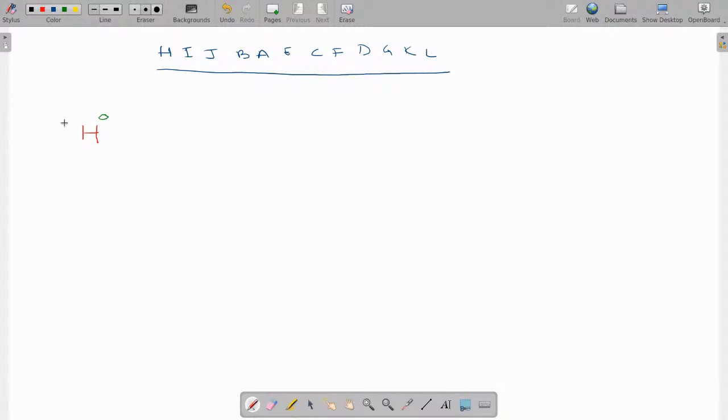Now I comes after H. I is greater than H, so I will be inserted as the right child. After the insertion, the balance factor gets updated.